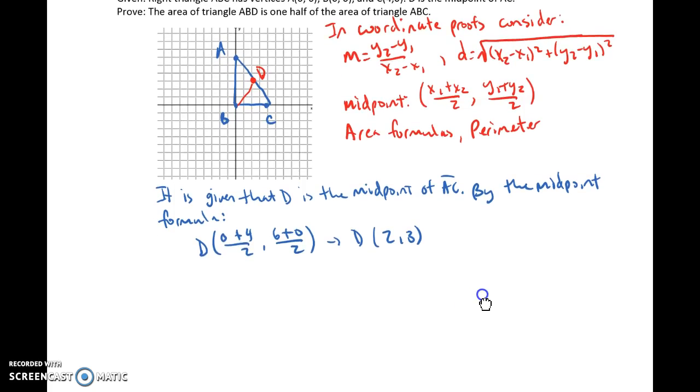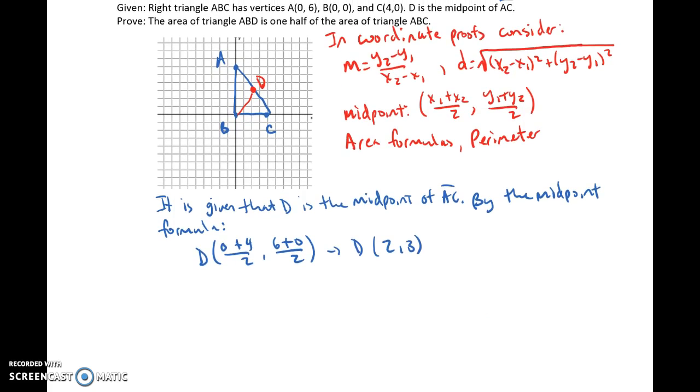Then I can just basically count the length, because when I'm dealing with area, remember area is 1/2 base times height.